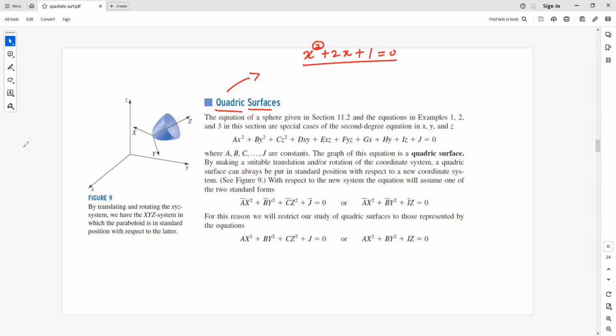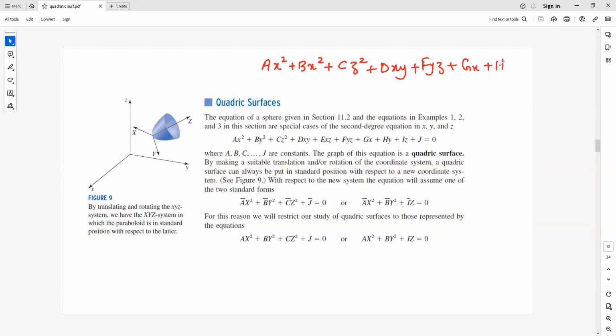So the equation of the quadric surface in general form is given by ax squared plus by squared plus cz squared plus dxy plus fyz plus gx plus hy plus iz plus j equals 0, right? So it's just like if we remember the general equation of a conic section.